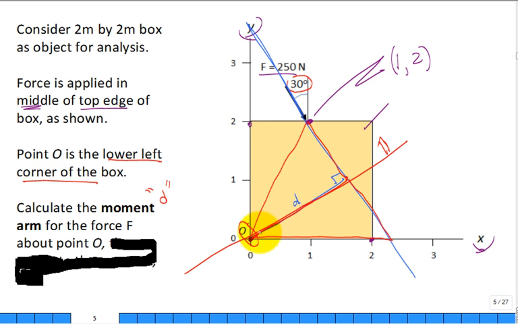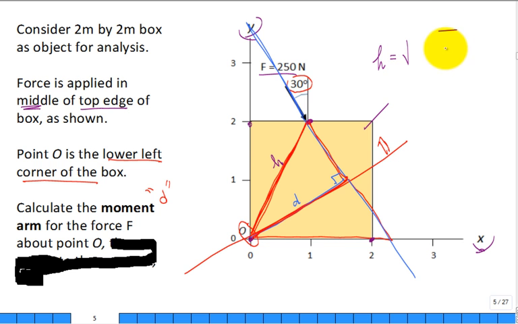Okay, so if we focus on this top triangle right here, let's introduce a letter for the length of this distance right here. Let's call it either A, B, C, or H. Why would you call it H? Because it's the hypotenuse of a right triangle, isn't it? All right, can you give me the distance H, just from the information given in the problem?